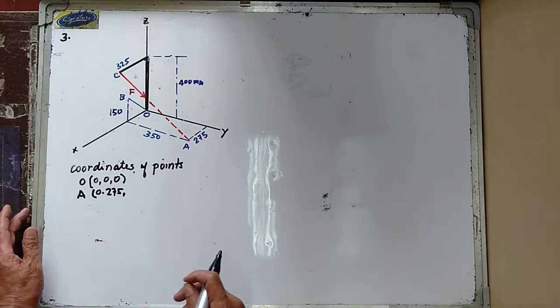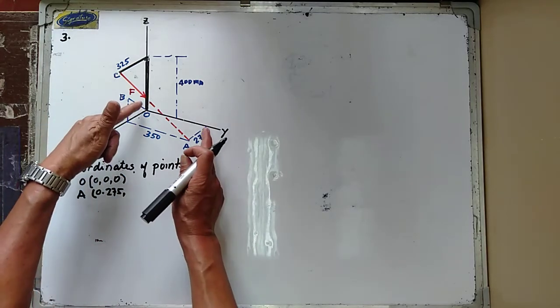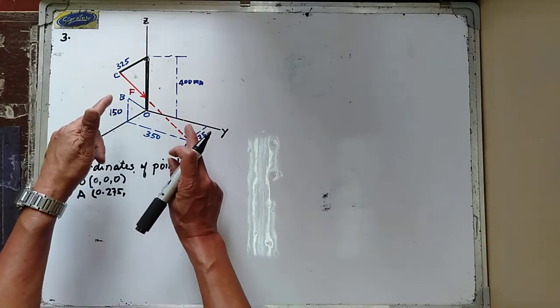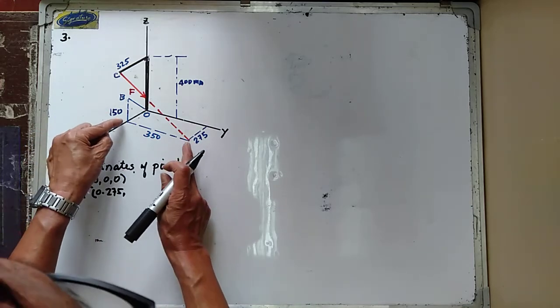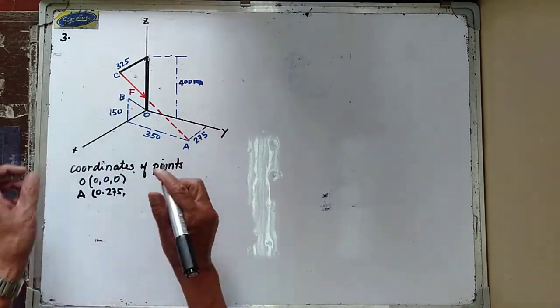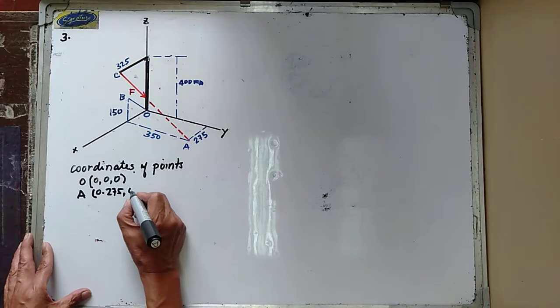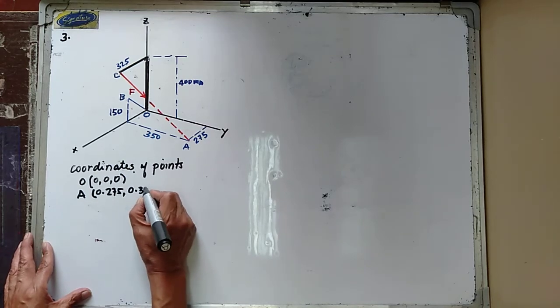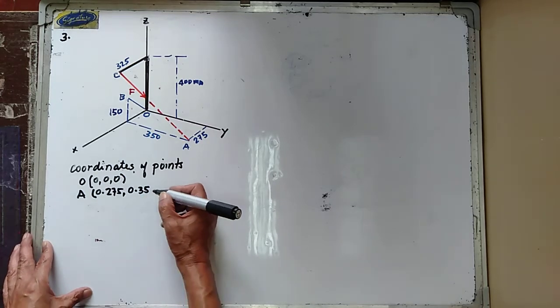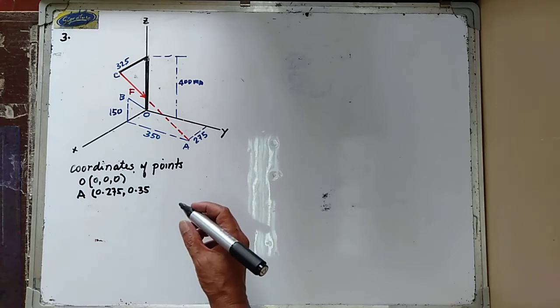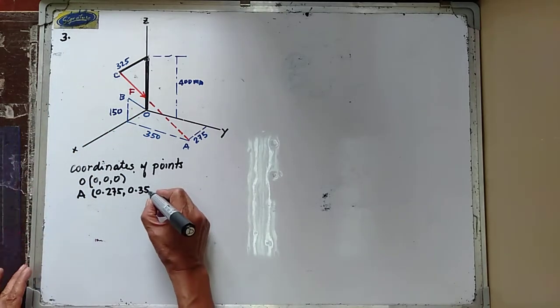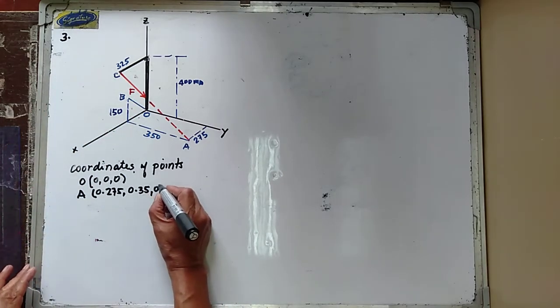And in the y-axis, this is equal to 350 mm, or that is equal to 0.35 meters. And in the z-axis, it is equal to 0.